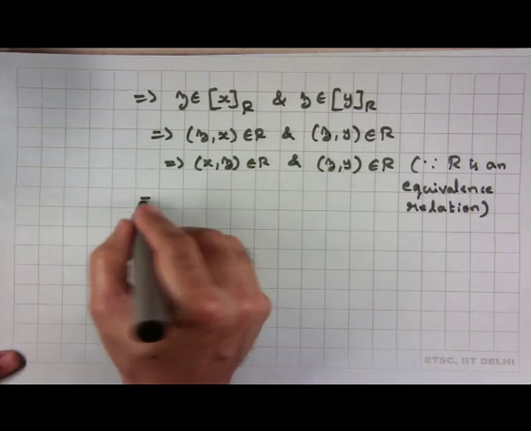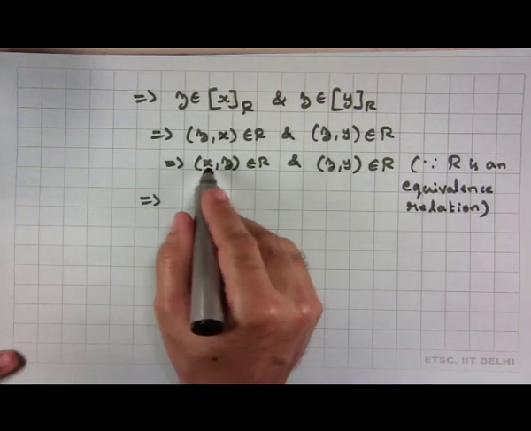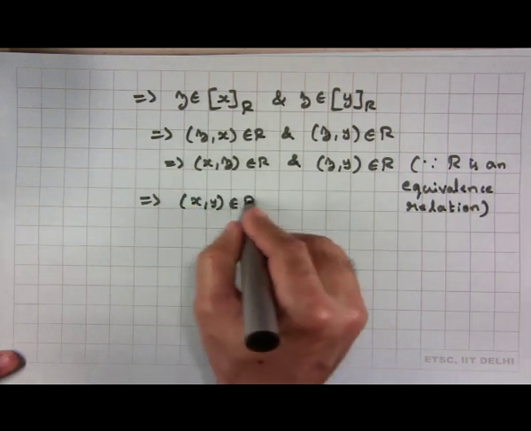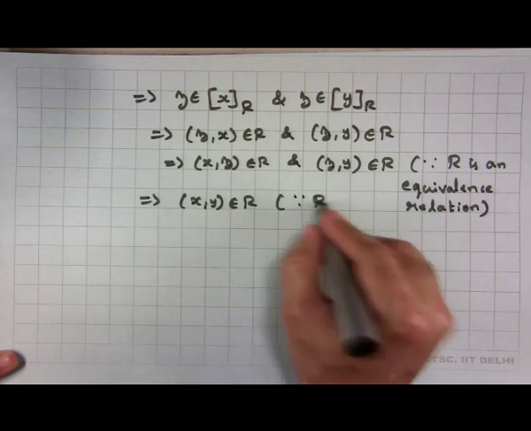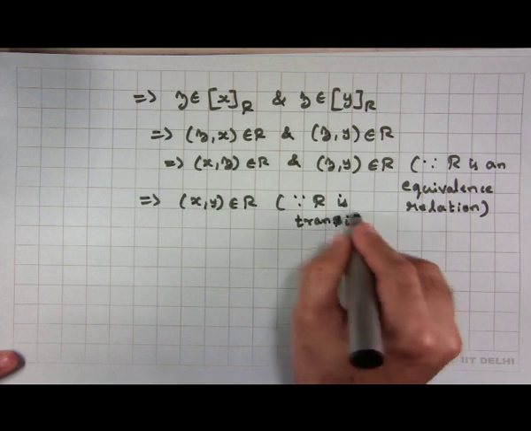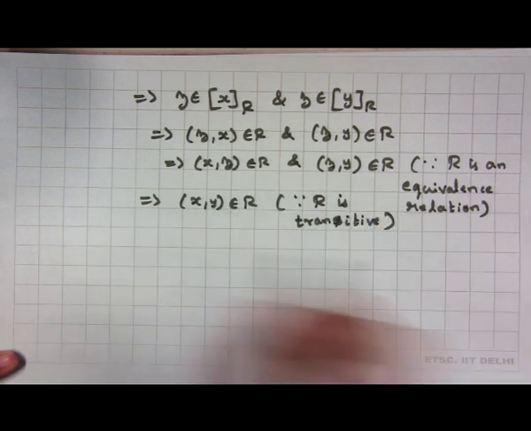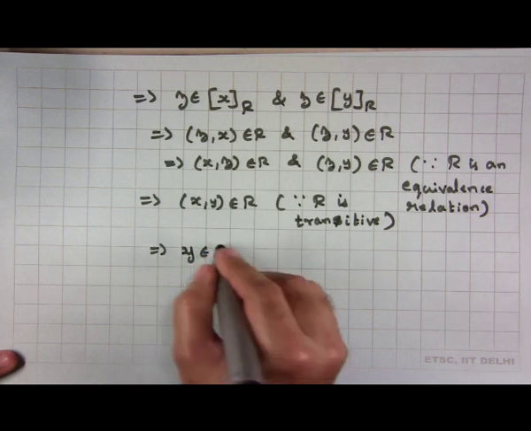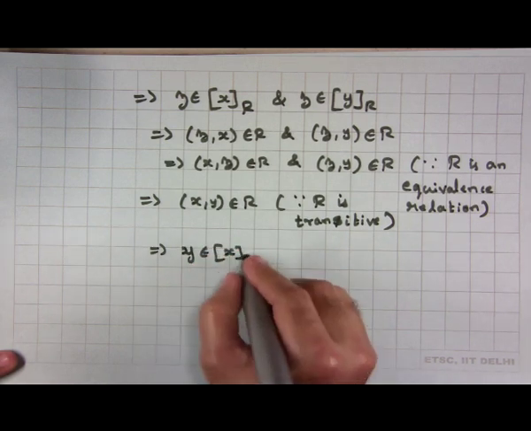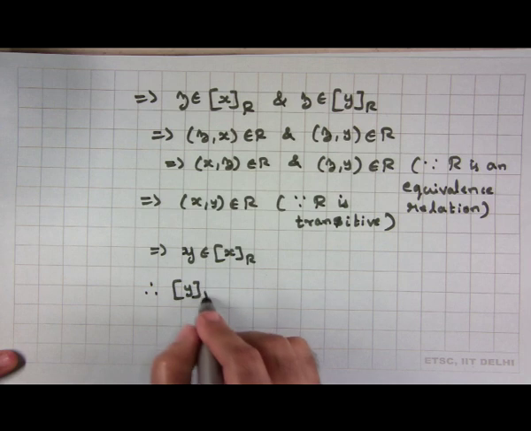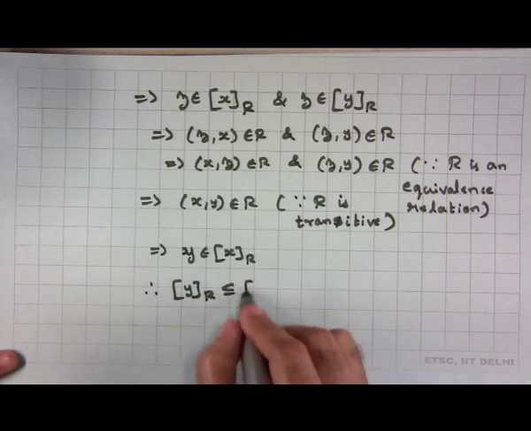So, that implies that x comma y belongs to R since R is transitive. So, equivalence relations are transitive, and therefore, that implies that y belongs to box x R, and therefore, box y R is contained in box x R.